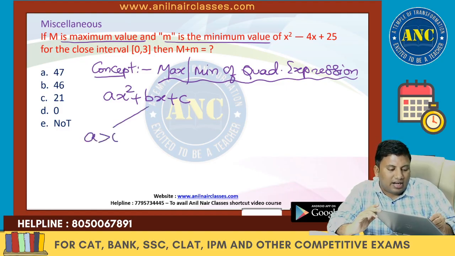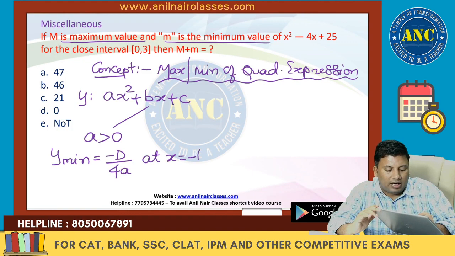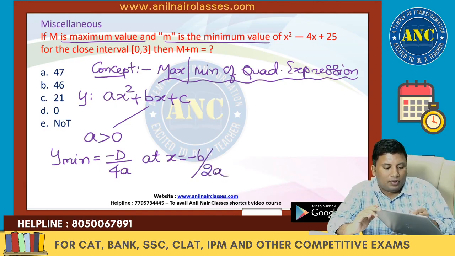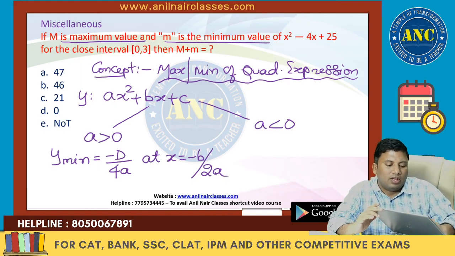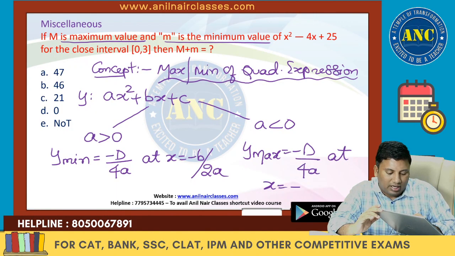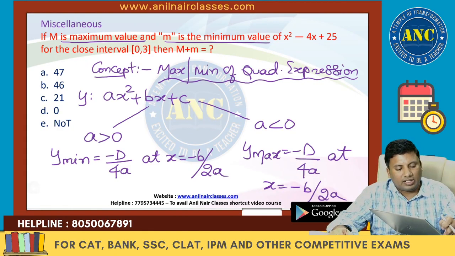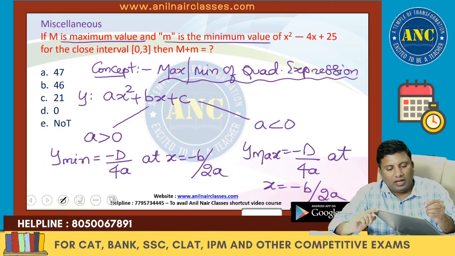If a is greater than 0, and this expression I call y, then y minimum is nothing but minus D by 4a, which we get at x equivalent to minus b by 2a. If a is less than 0, the graph will be downwards, y will be maximum, at minus D by 4a, at x equivalent to minus b by 2a.